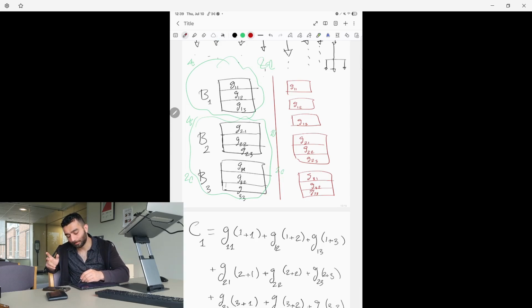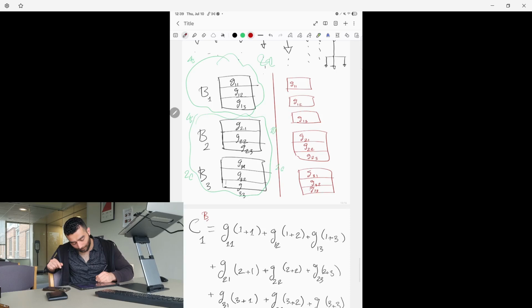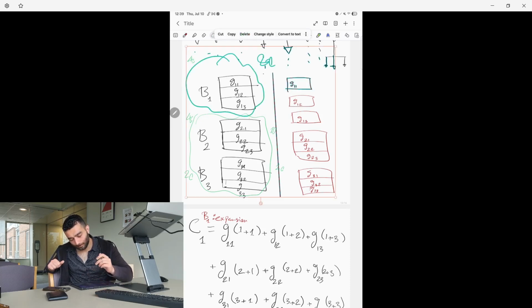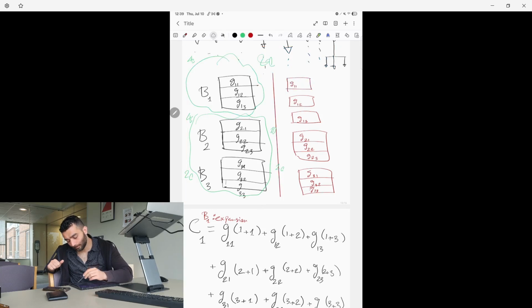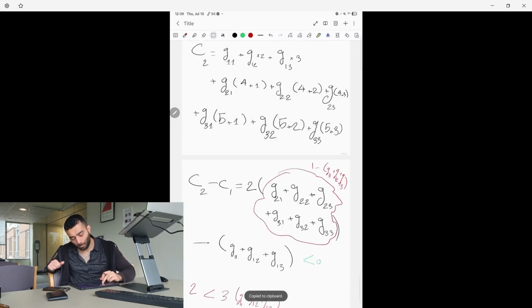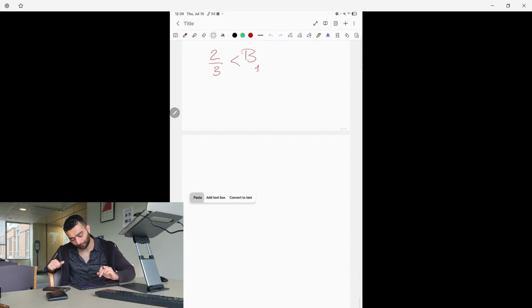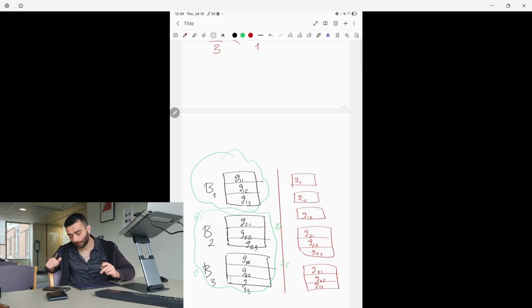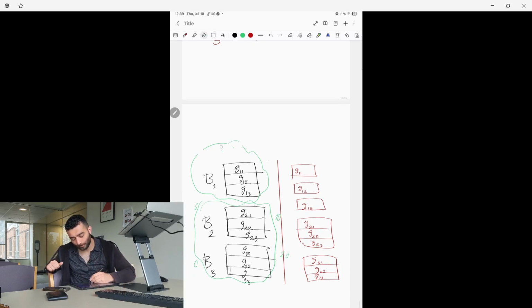I don't know if it is called pullback, but I want to name it B1 expansion. So now let's do B2 expansion.